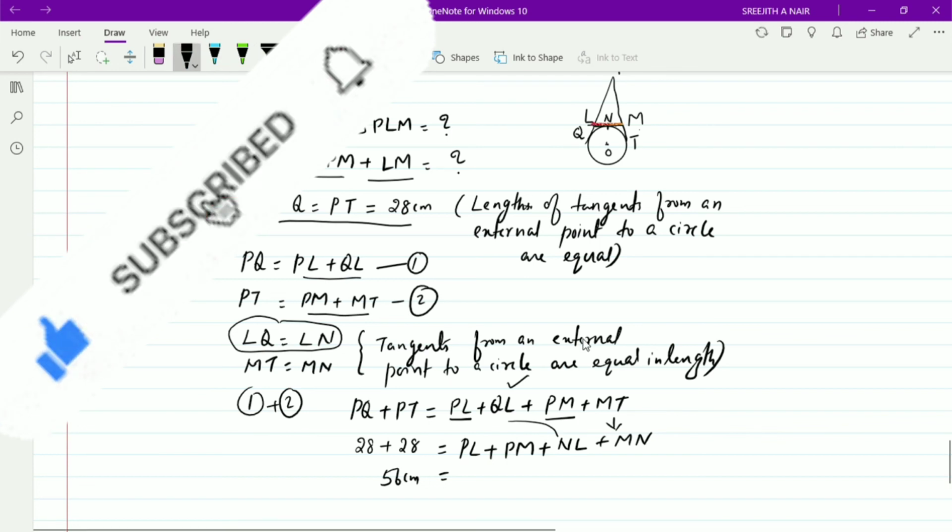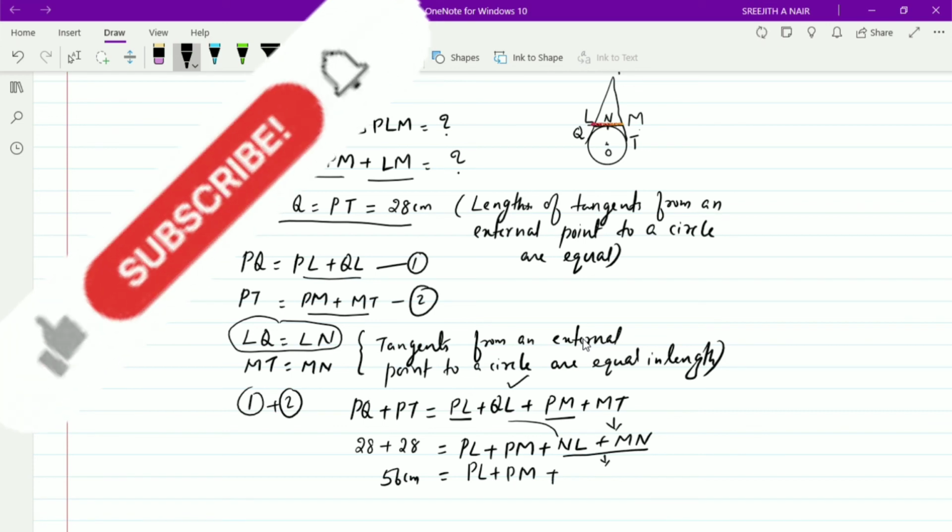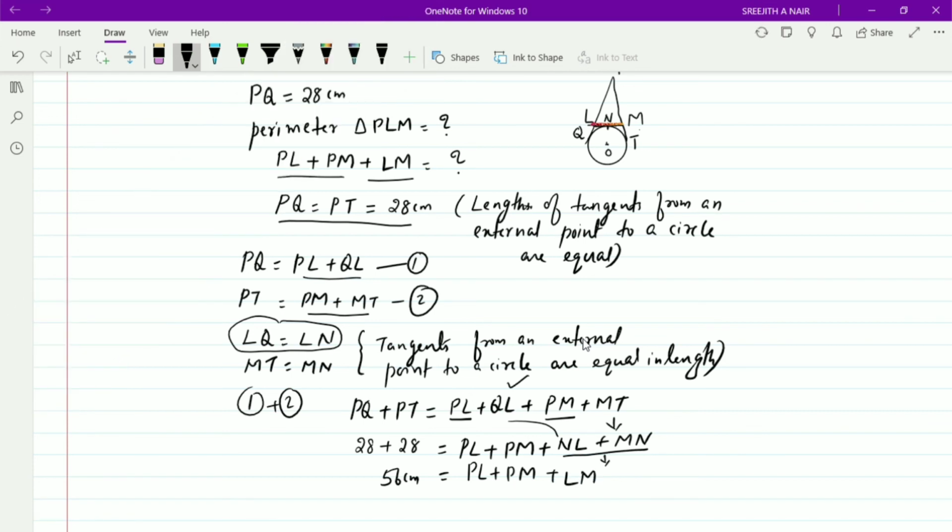So we can write PL plus PM plus NL plus MN as LM. So we got the value of PL plus PM plus LM, that is 56 centimeter. Therefore the perimeter of triangle PLM is equal to 56 centimeter.